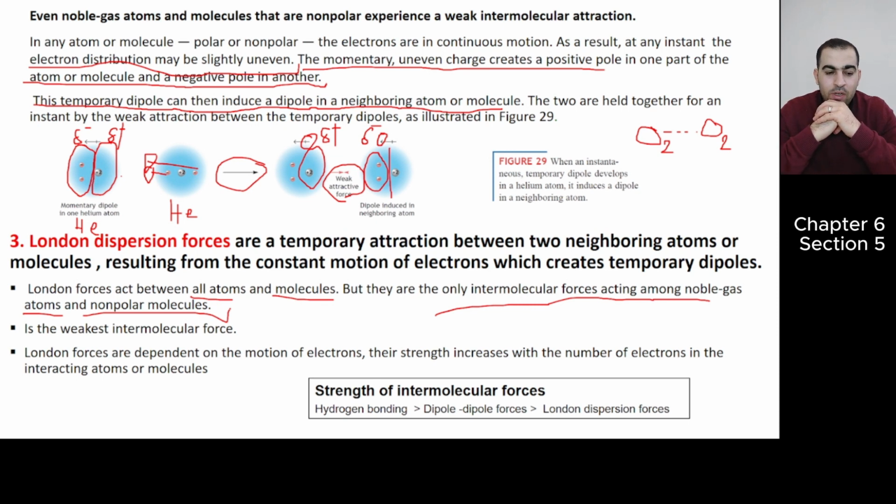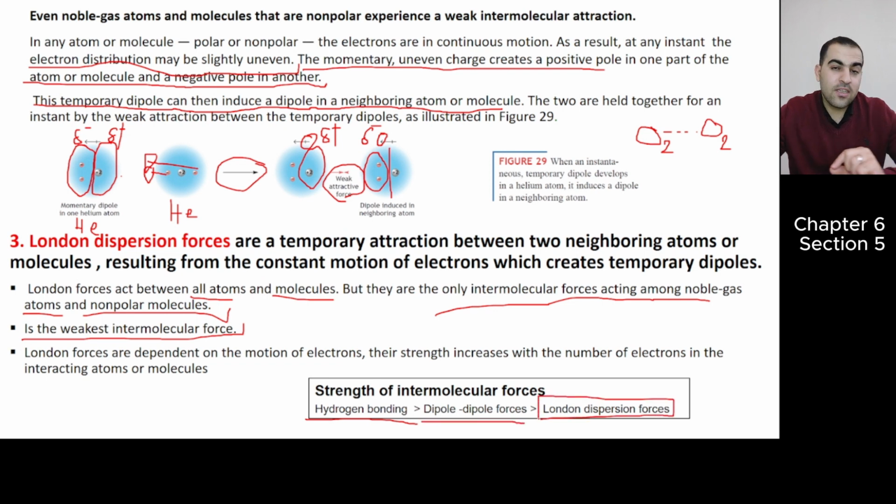Okay, but the only force for non-polars and noble gases is important because there is no other force of attraction. So it is the weakest intermolecular force, guys. In terms of strength, hydrogen bonding is stronger than dipole, and London dispersion is the weakest intermolecular force.